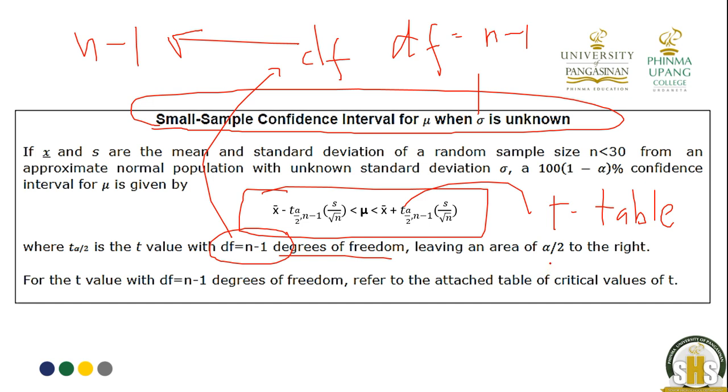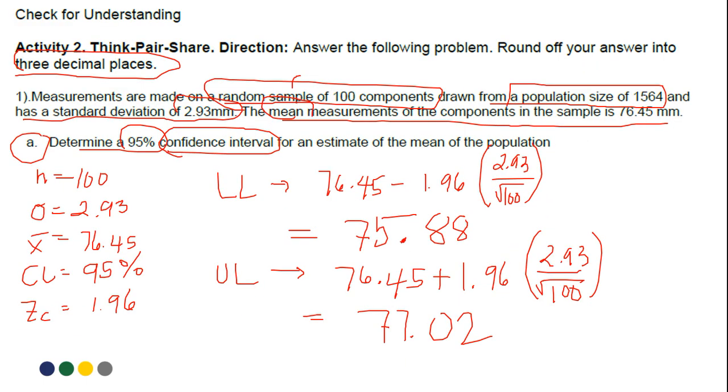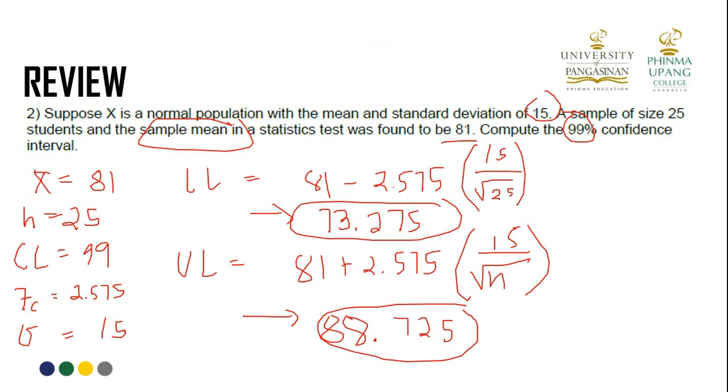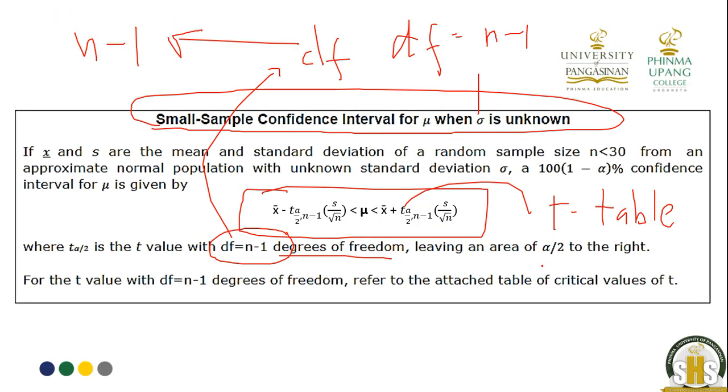It focuses on the performance of students. So the table we use now is T, whereas in the previous lesson it was Z.